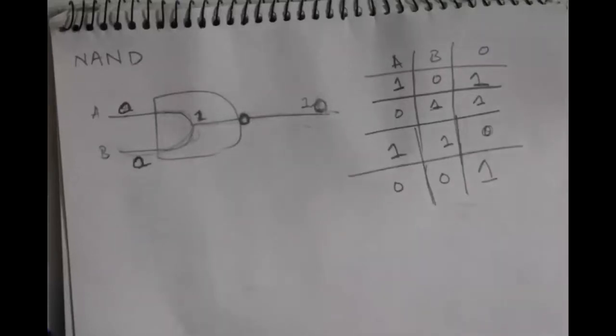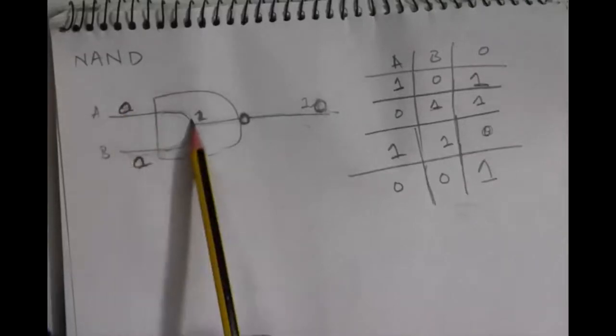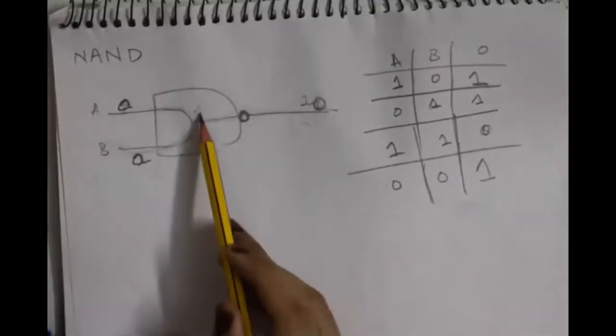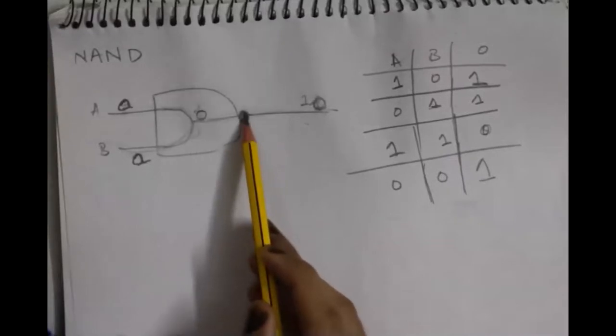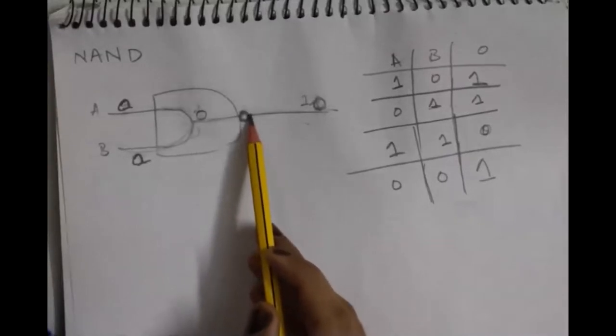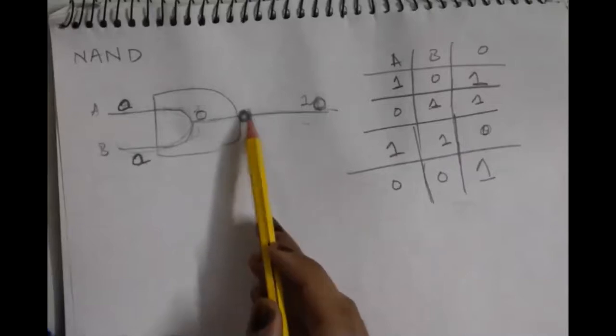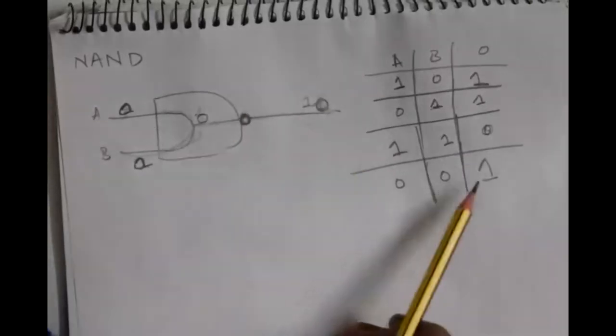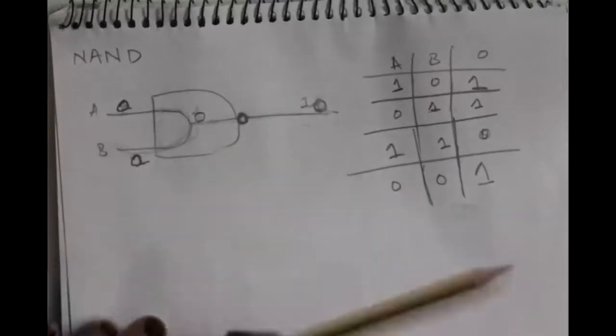If A is 0 and B is 0, then 0 multiplied by 0 is 0. And then this circle reminds me of the NOT gate, so I'm going to flip the 0 and it's going to give me a 1. So 0, 0, 1.